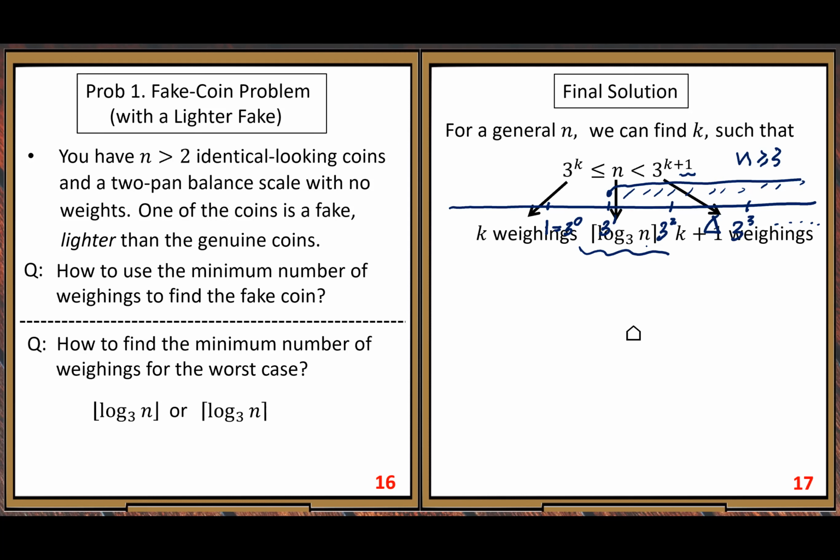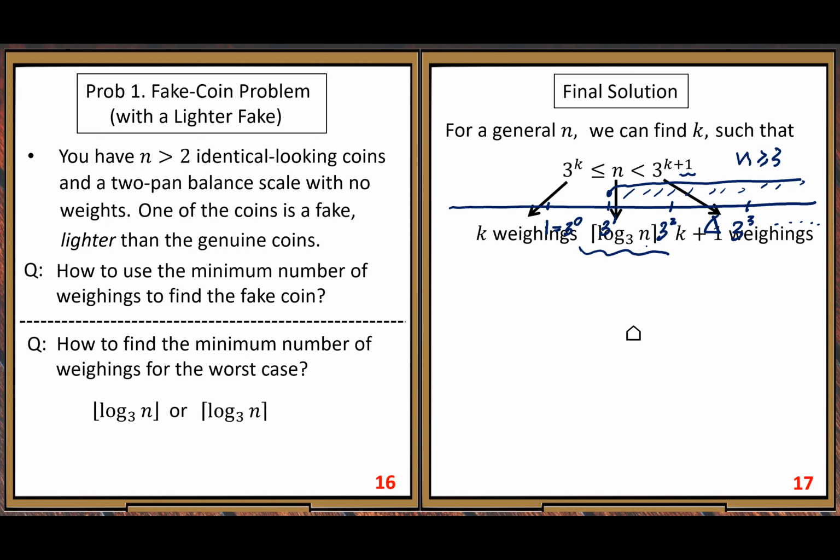This is sometimes quite confusing, best case, worst case. We solve this fake coin problem always for the worst case.